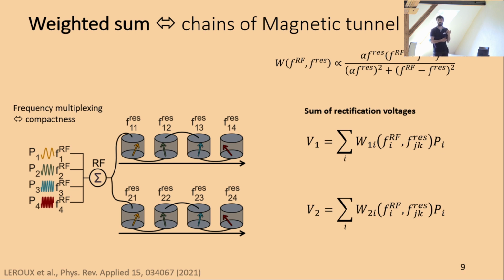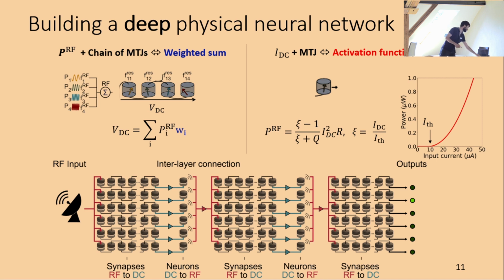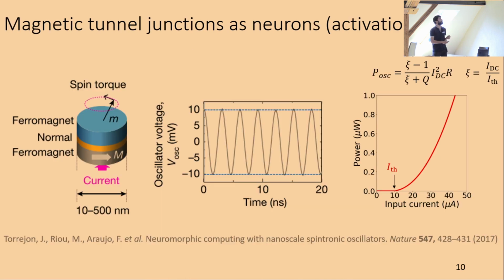So how do we build neurons? A neuron is simply a magnetic tunnel junction to which we inject a DC current. So the magnetization will precess.